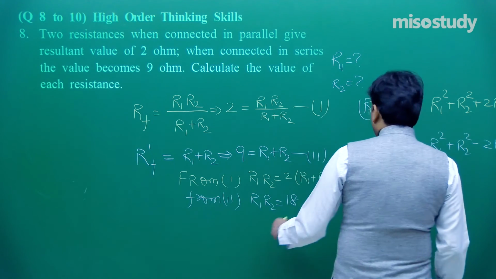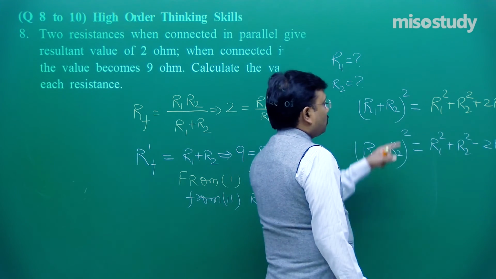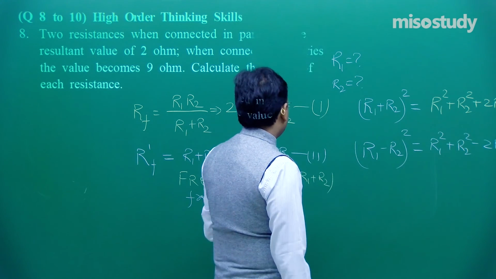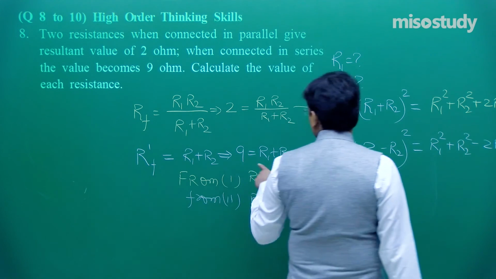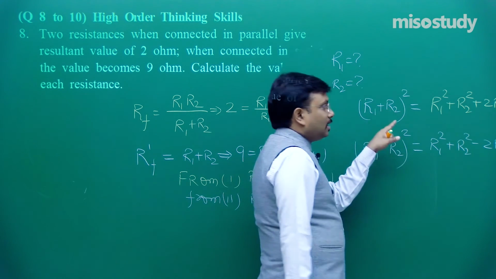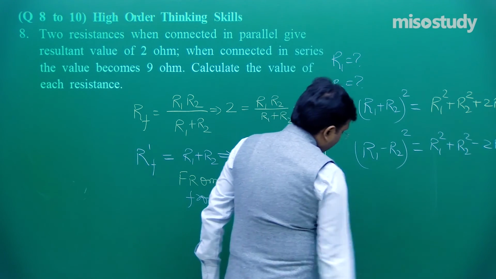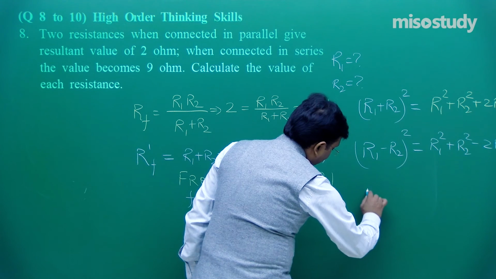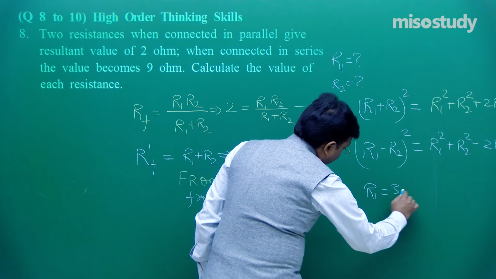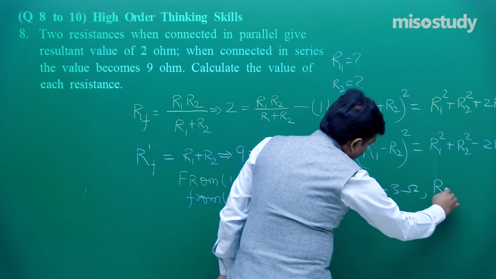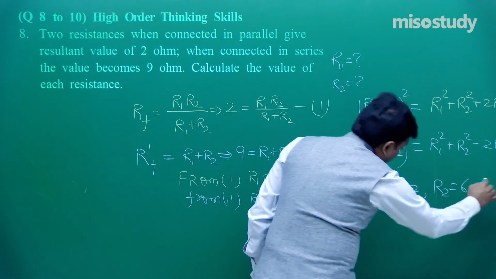Now, the value of R1 R2 you can easily put out. So, R1 plus R2 is equal to how much? That value is also with you as 9. Easily you can solve it, and after solving you will get the value of R1 is equal to 3 ohm and R2 is equal to 6 ohm.